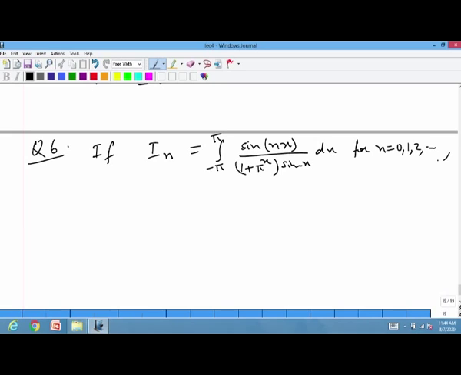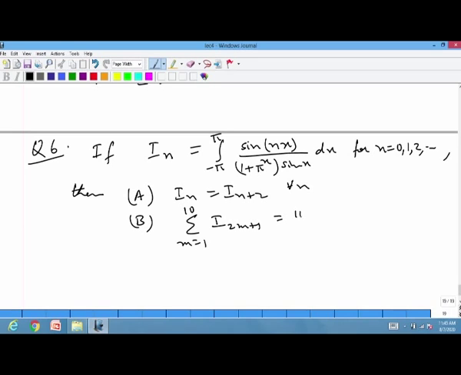Then which of the following options are correct? A: I n equal to I n plus 2 for all n. B: the summation of I 2m plus 1 for m equal to 1 to 10 is equal to 10 pi.